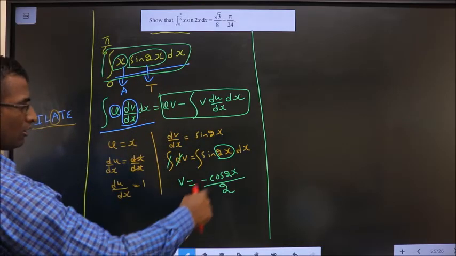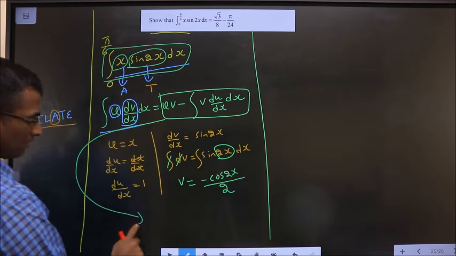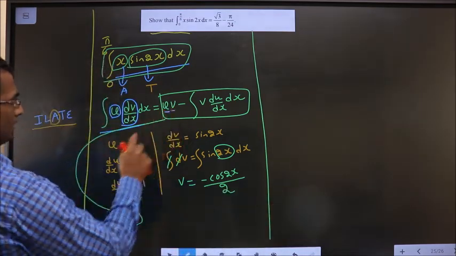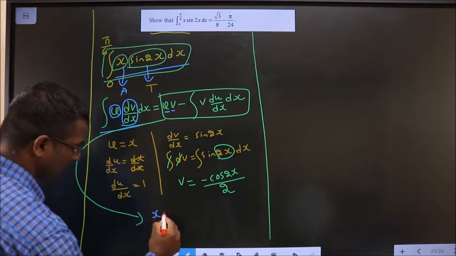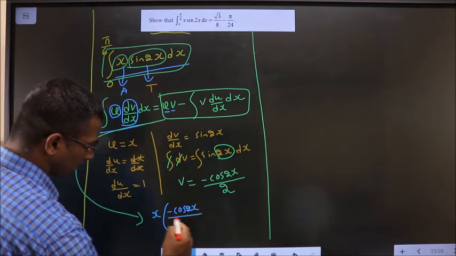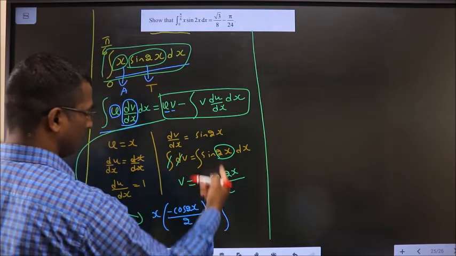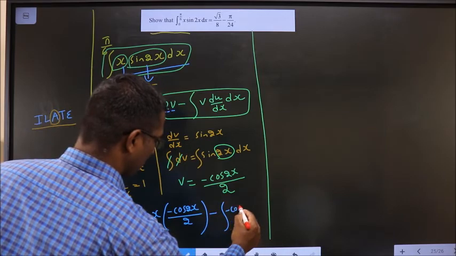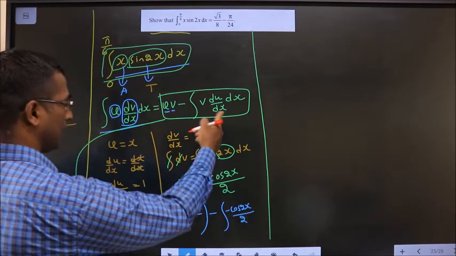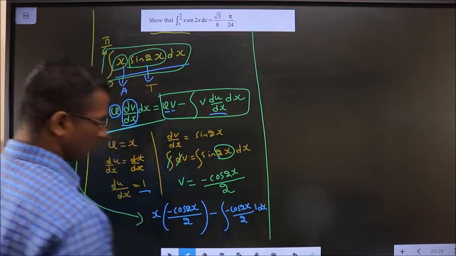So we are done. Now replace all these values in the formula. So this will become u into v. u is x, v is minus cos 2x by 2, minus integration of v, which is minus cos 2x by 2, and du by dx is 1, dx.